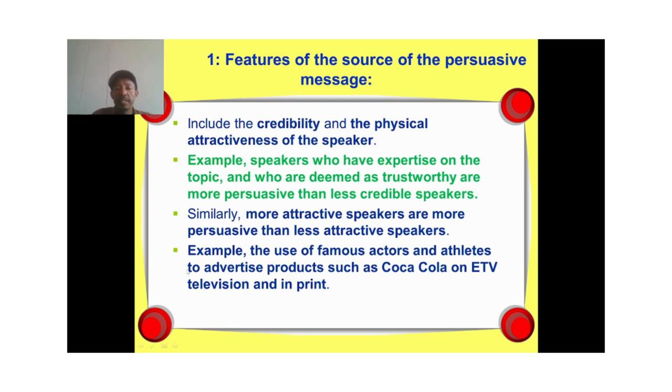So the use of these actors or these athletes or these important figures to advertise, to use products when they are on television show or in print media is one of the first features of source of the persuasive message. Source of the persuasive message means the person who is associated with the product.